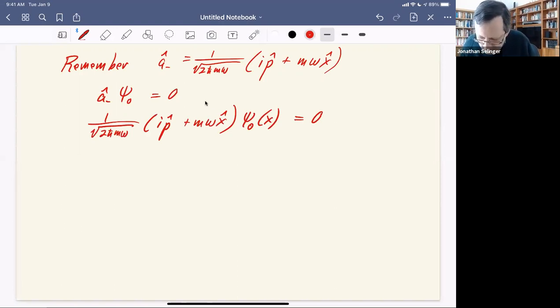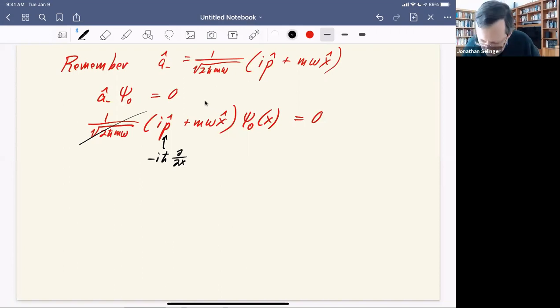Well, okay, so we multiply through both sides by this square root, that cancels. Now we remember what the momentum operator is, right? P is negative i h bar d by dx.